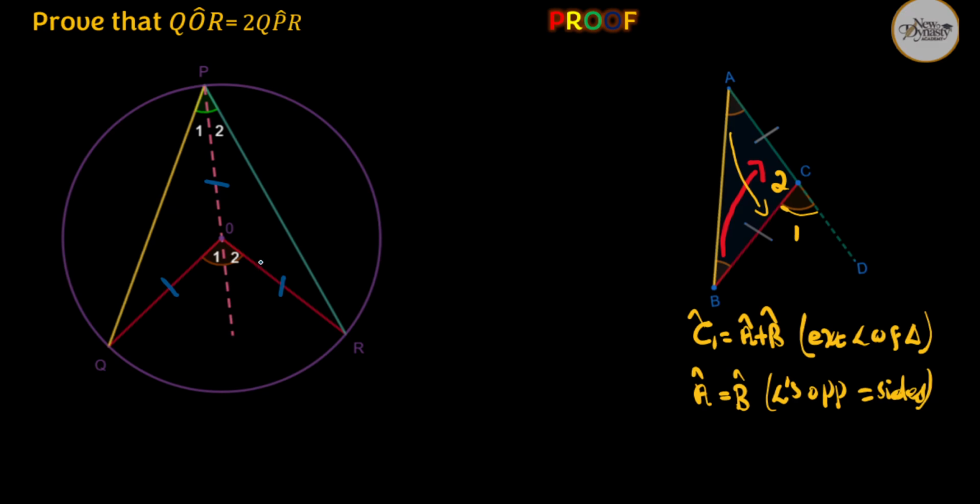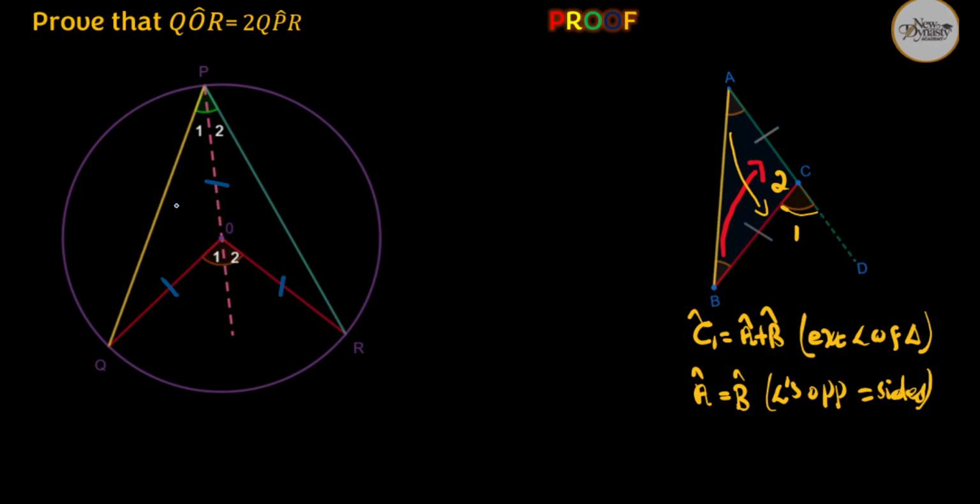And don't forget that the radii of the circle are equal in length. Because of them being equal, can you notice that they form isosceles triangles? Triangle QPO is an isosceles triangle, and triangle ROP is also an isosceles triangle.